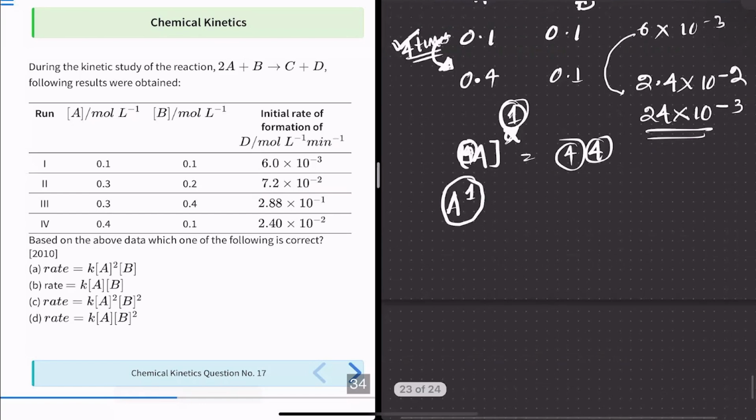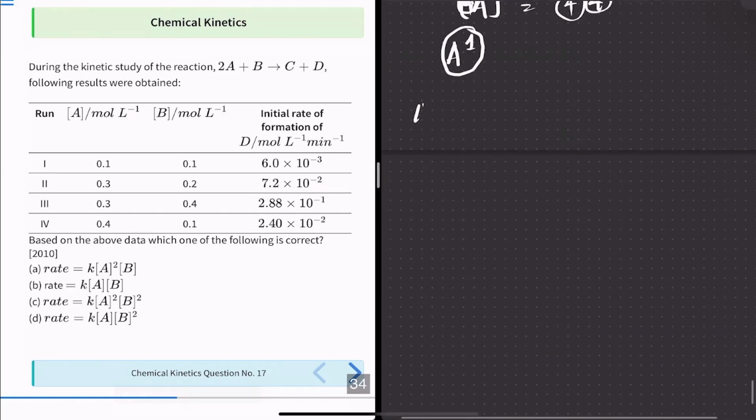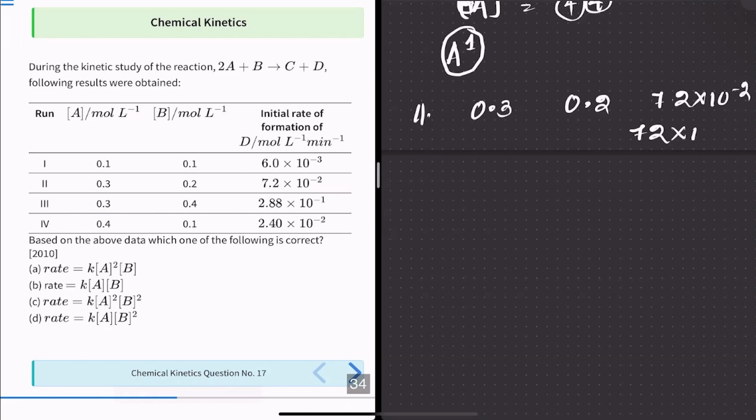For B, let's look at any of runs 2 and 3. Let's suppose 0.3 and 0.2. It converts into 72 into 10 to the power minus 3.